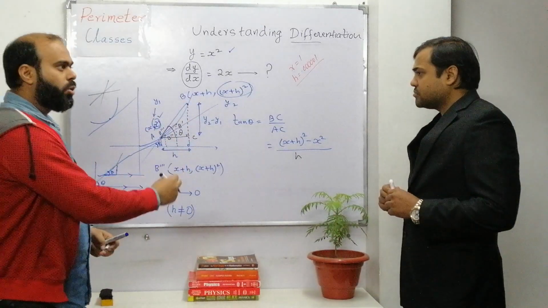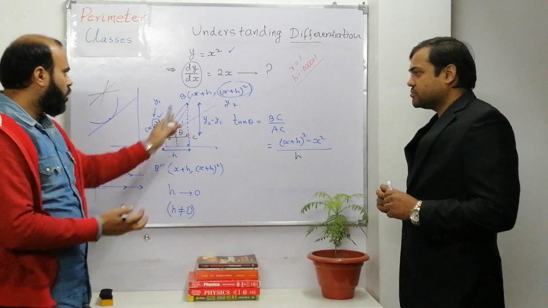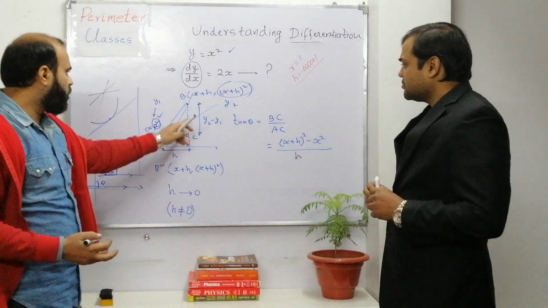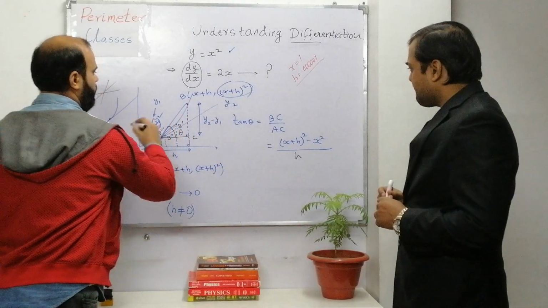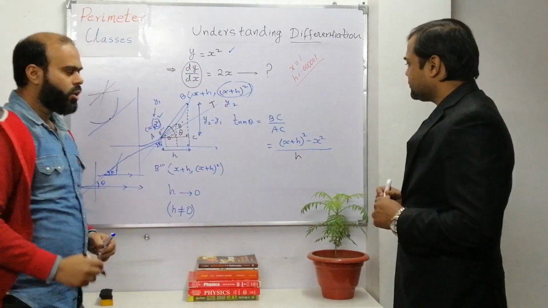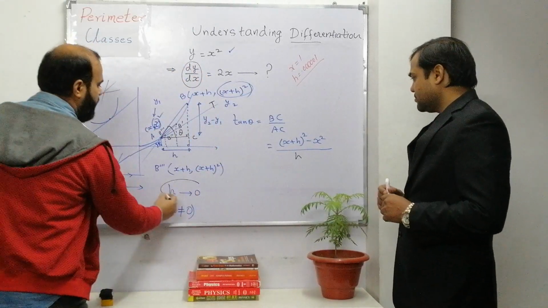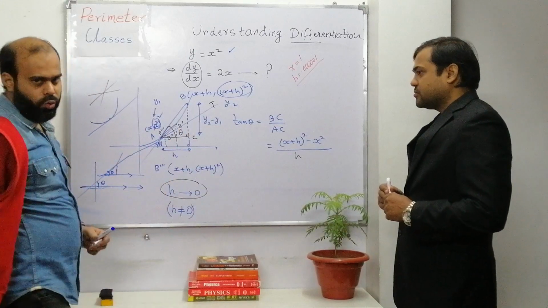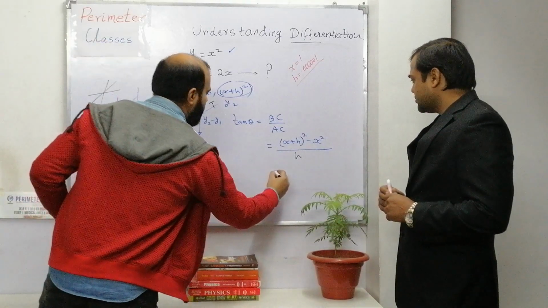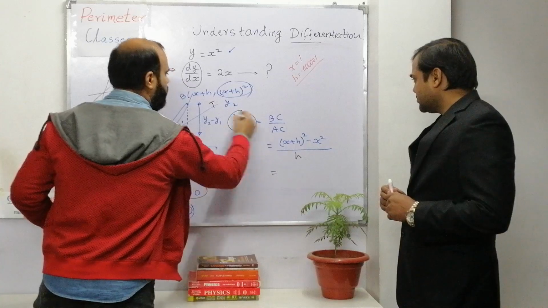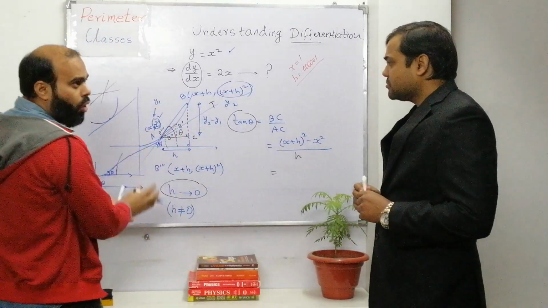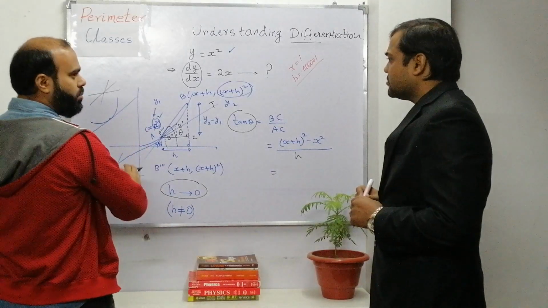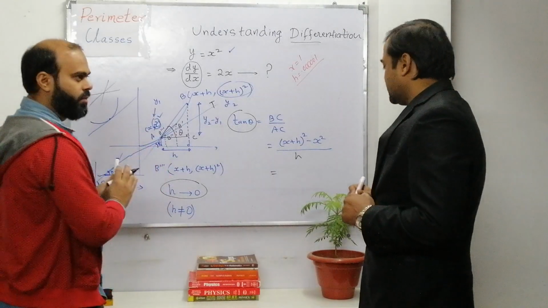But since we are talking about differentiation, we are not talking about a chord, we are talking about a tangent. So what has happened, this point has come closer. This has become a tangent. In that situation, this h will become almost 0. So this tan theta, which earlier was the slope of the chord, has now become the slope of the tangent.